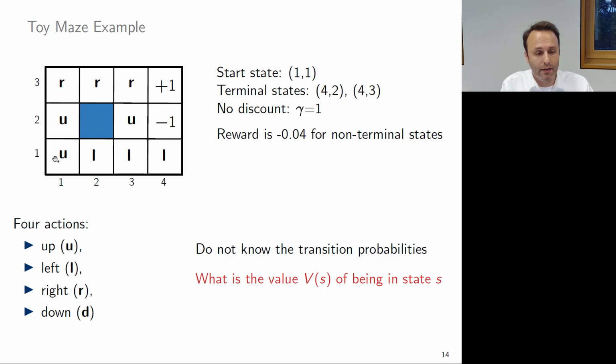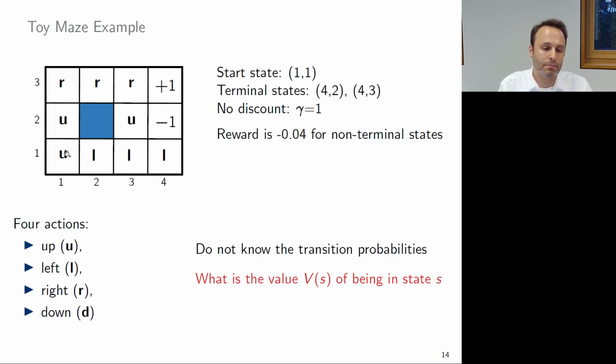We start in state 1-1. And here we have already some names of actions that we want to do. So a policy is here on this grid. So the policy is up, up, right, right, right, and then we end up in +1, hopefully.